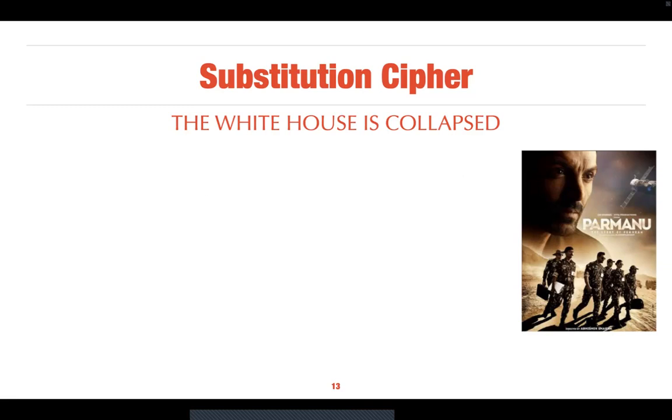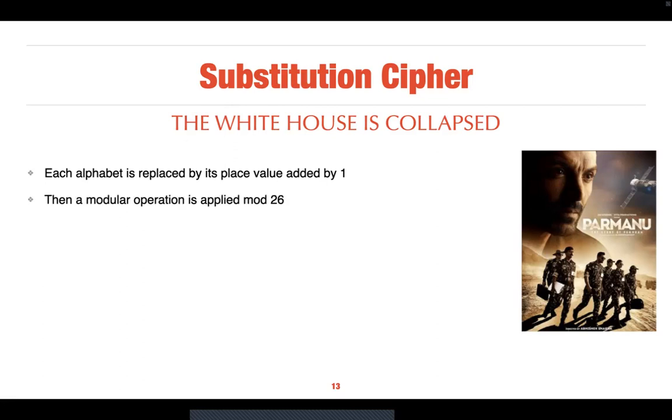Substitution cipher is where we substitute the letters with some other letter. We already have taken the example of substitution cipher, like the White House. We can replace all the letters with some other letter. For example, we can add one to each value of a letter, then a modular operation is applied.